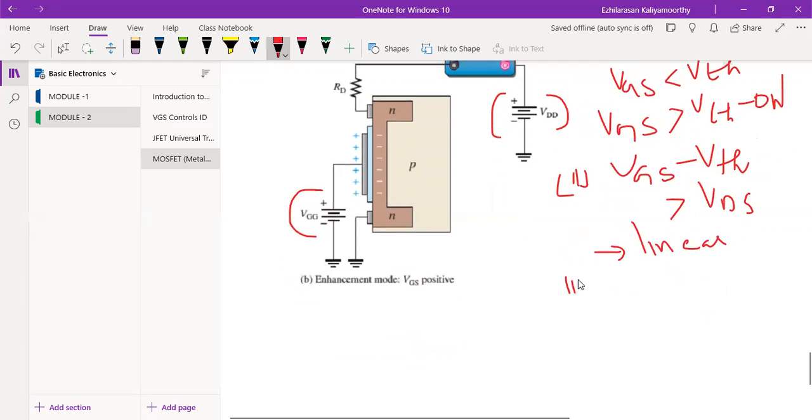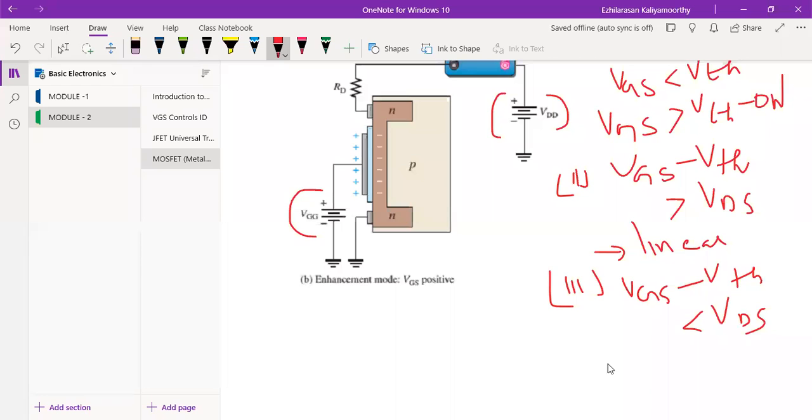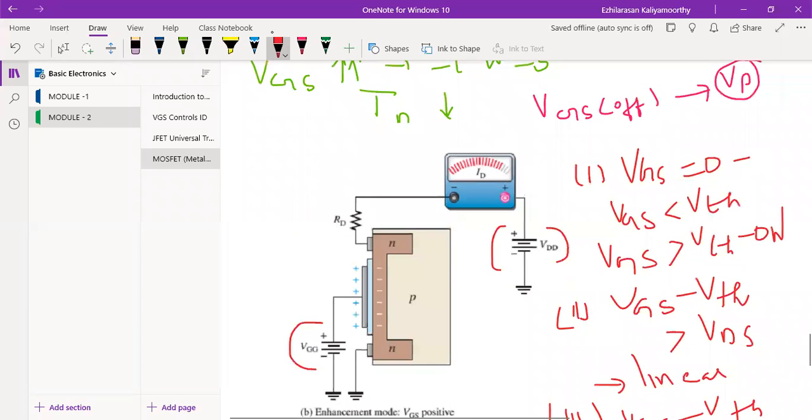The third condition: VGS minus VTH should be less than VDS, then it will be in the saturation region. So these are the three conditions. In the first condition, the device is in cutoff.